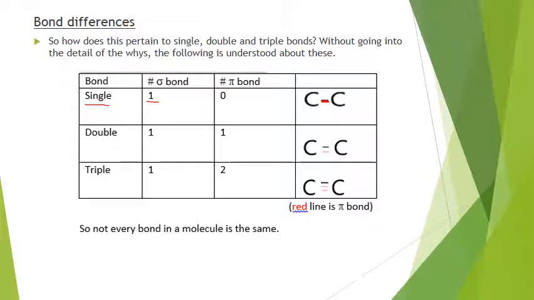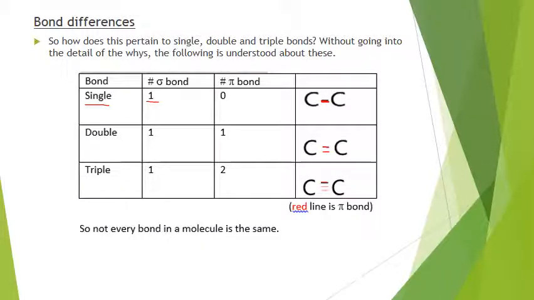If you have a double bond, it will have one sigma bond and one pi bond. And a triple bond will have one sigma bond and two pi bonds. Okay. So it doesn't matter.